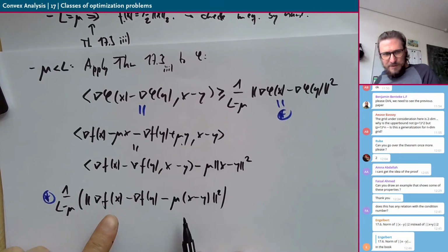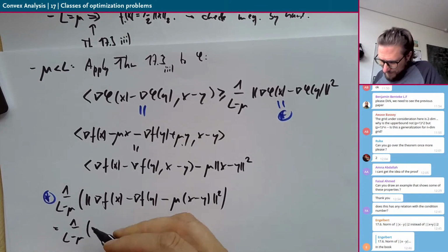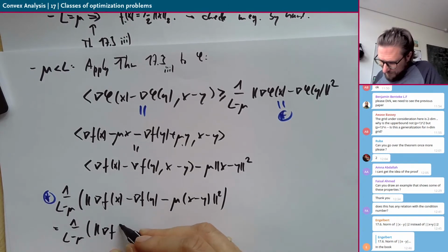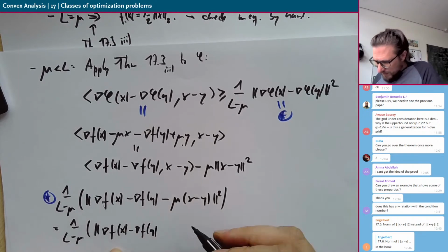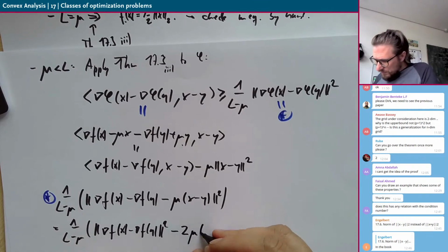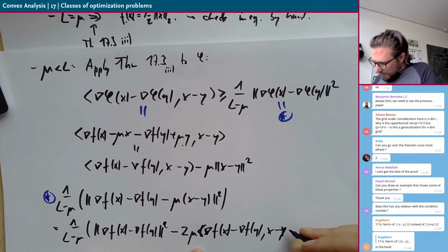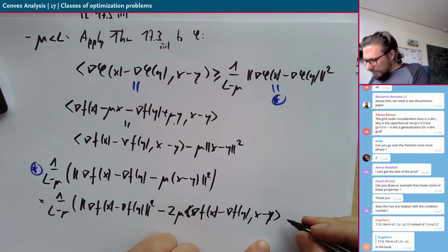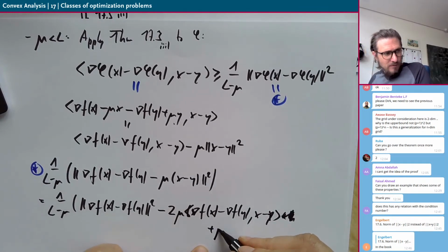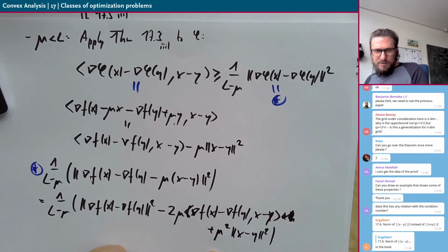And what I now do is I expand the square. Expanding the square gives us the norm of gradient of f of x minus gradient of f of y squared, minus 2 times mu times the inner product of gradient of f of x minus gradient of f of y with x minus y, and then still plus mu squared from the last one, norm x minus y squared.